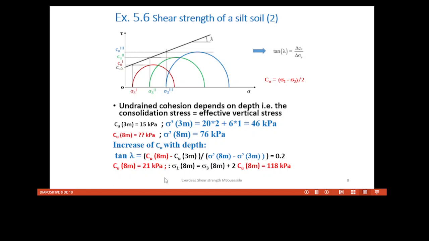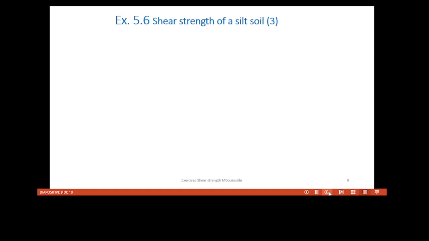Of course, since the radius of the circle is Cu, the diameter is twice Cu, so we can write that sigma 1 is twice Cu plus sigma 3, and this is the value of sigma 1. And as such, we respond to the question, calculate the total principal stresses, sigma 3 at 8 meter and sigma 1 at 8 meter.